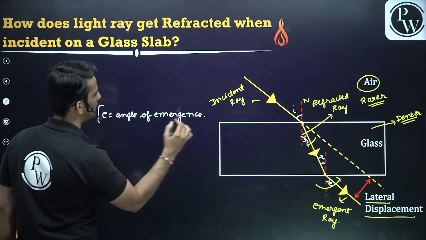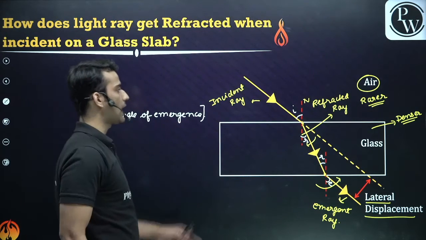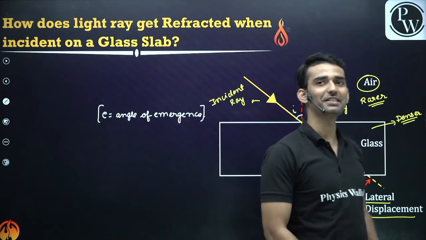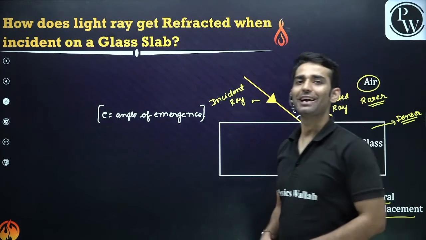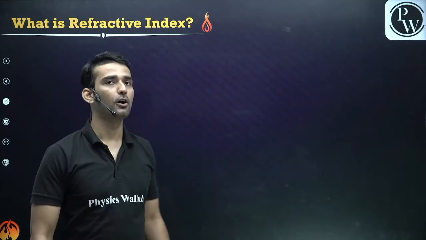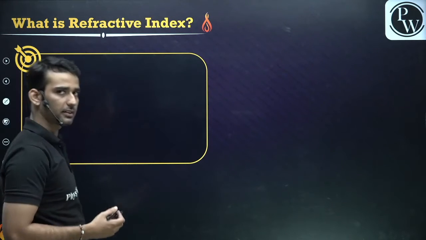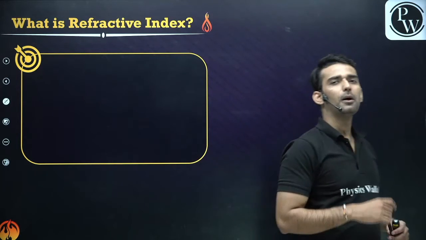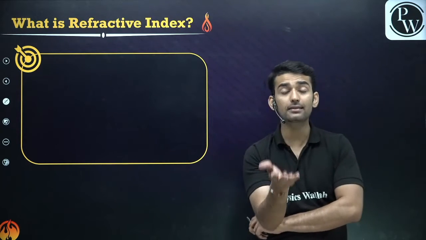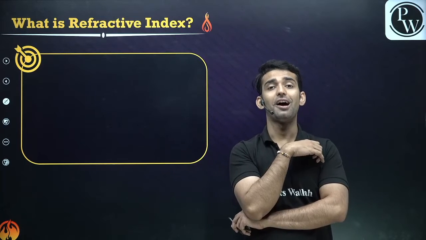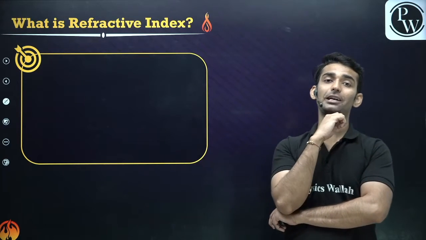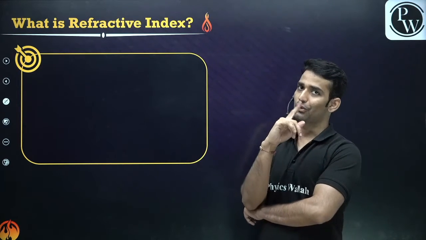And I is known as the angle of incidence. Is it clear, guys? Okay. So basically, guys, I had told you light ray bends. This we had seen. But thing is, how does it bend and why does it bend? This is the more important question. Why does light ray bend while going from one medium to another? This is the question.